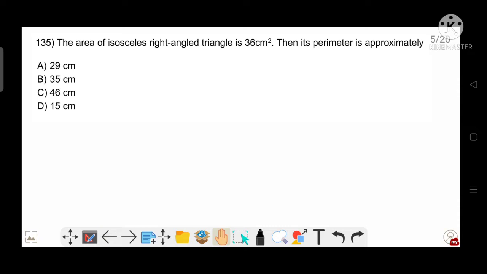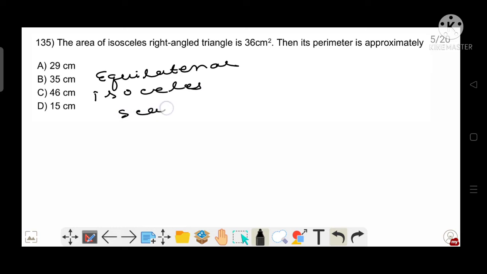Okay, the area of an isosceles right angle triangle is 36 centimeters square. Then the perimeter is approximately what will be? Okay, on the basis of sides, triangles are 3 types: equilateral, isosceles, scalene.